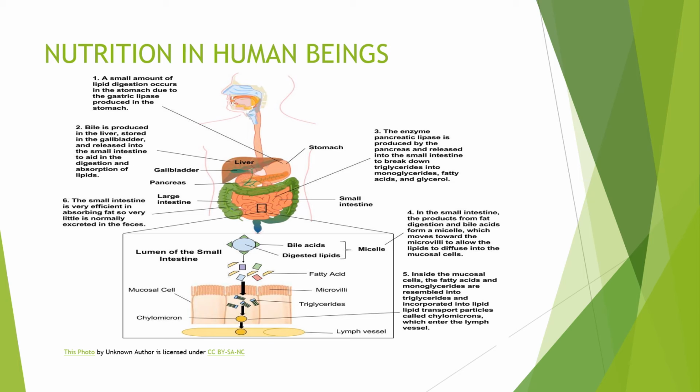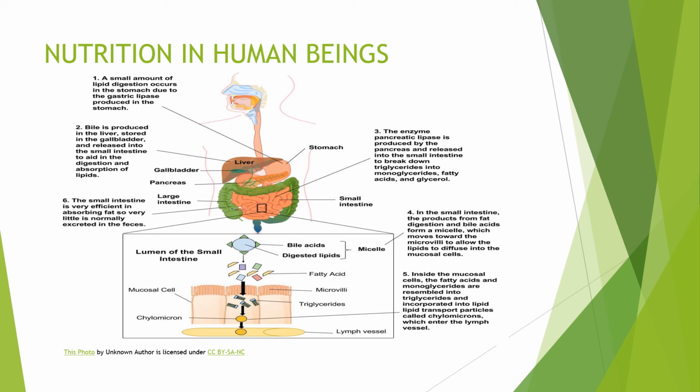All those lipids or fats consist of triglycerides, and they are broken down with the help of the enzyme lipase. Fourth, you can see that in the small intestine, the products from fat form a micelle. Micelles move towards the microvilli to allow the lipids to diffuse into the mucosal cells.